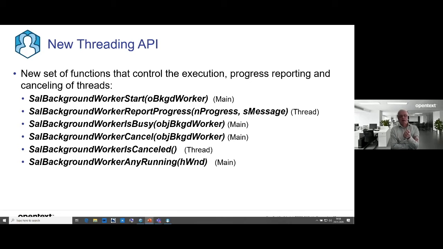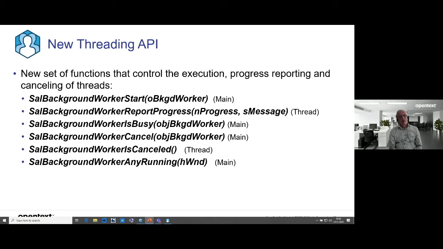If this flag is true, that means the main application sent worker cancel for this thread. Then you have to clean up your thread. That means maybe you have to roll back the database. You have to close all these files. You have to do a lot of things to clean up really your background data. You have to maybe reset all the instance variables and so on. And then you can close the thread. You can go back.